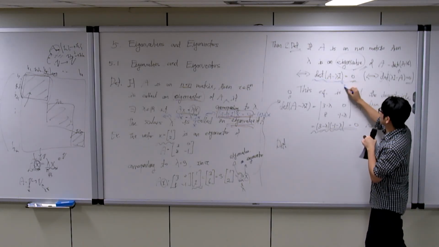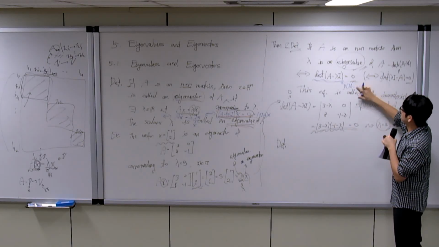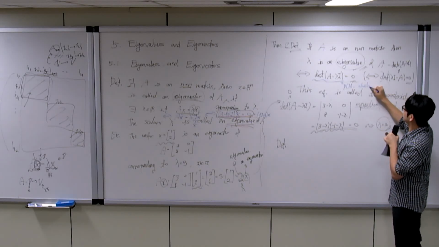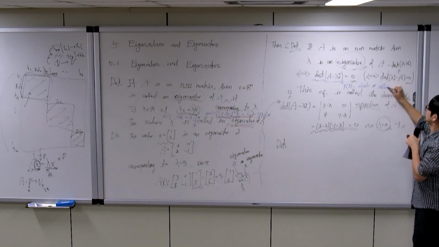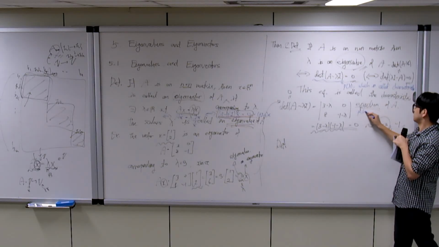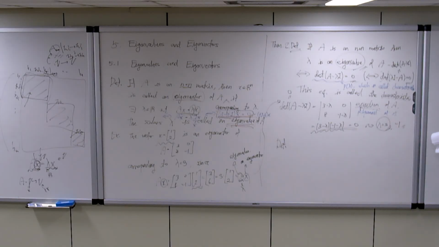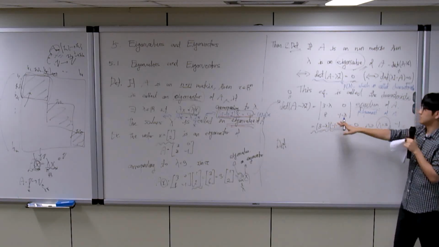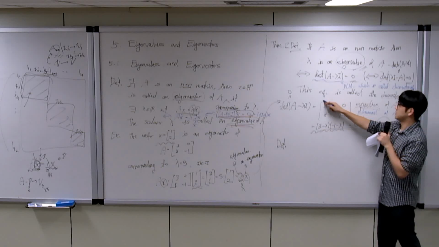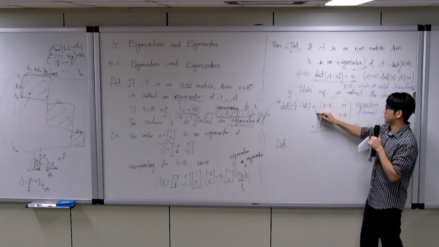If we denote it as P of lambda, then P of lambda is called the characteristic polynomial of A, and the degree of the polynomial is the same as the number of columns or the number of rows.